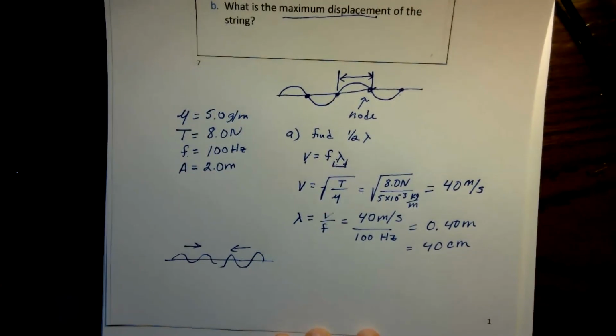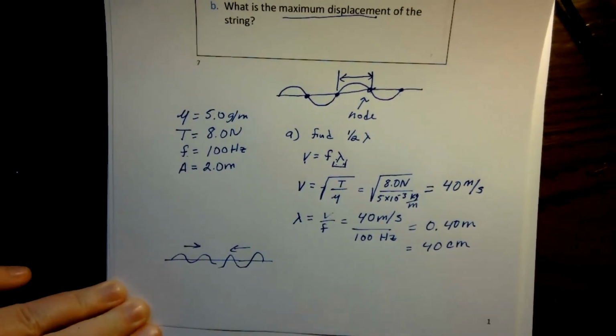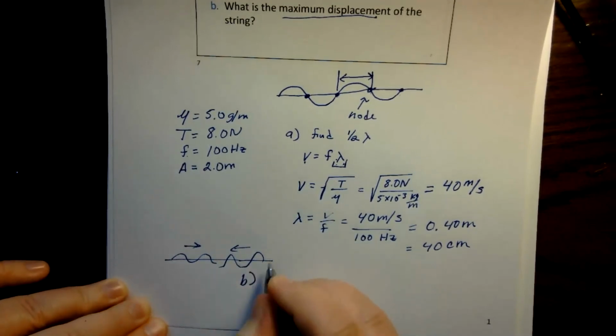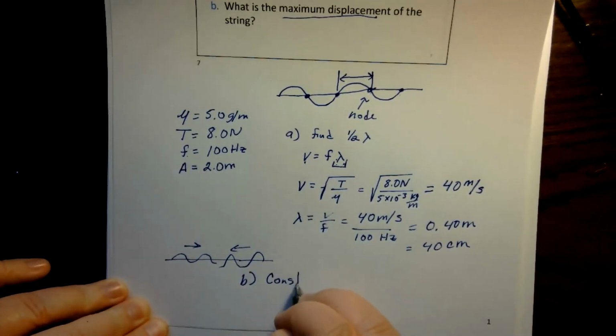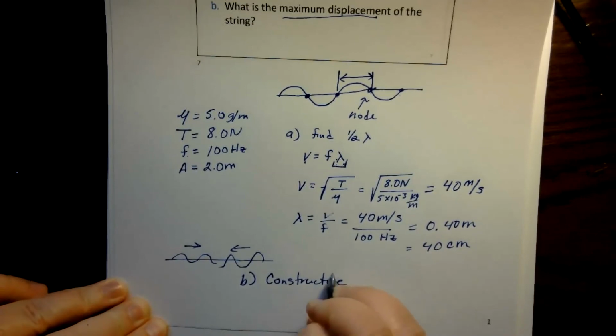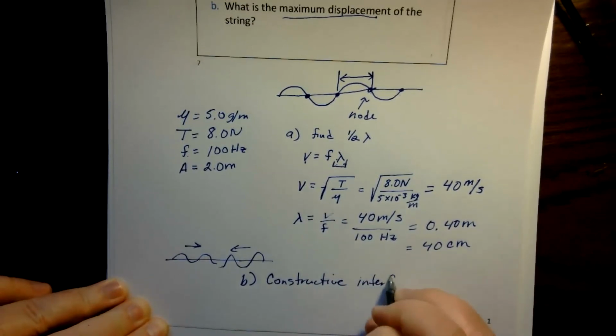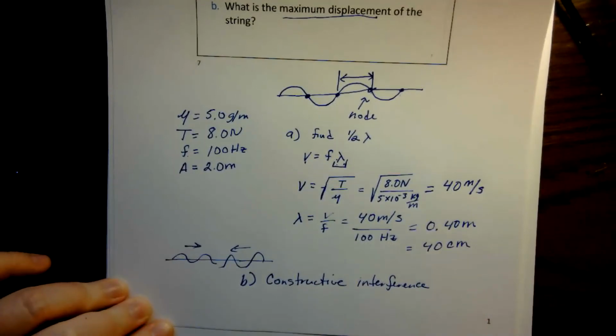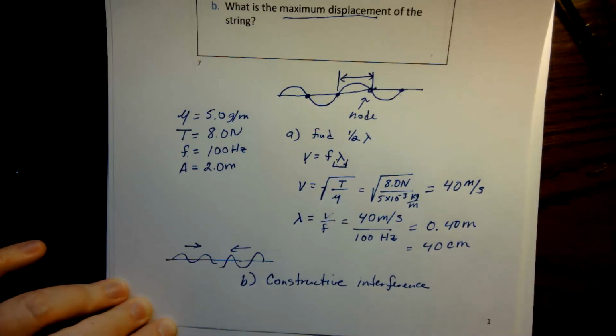And so when these two waves meet, they're going to be added together. So if we have constructive interference for part B, what has to happen to their amplitude? If you say they have to be added together, you are correct.